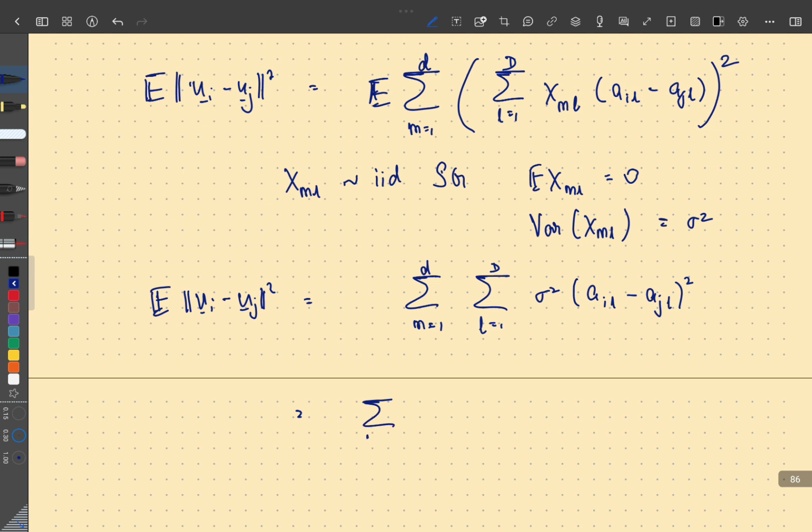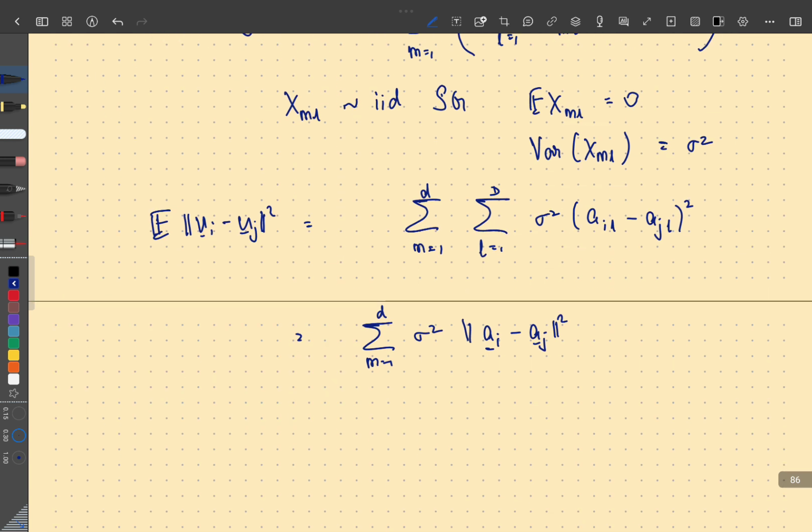So this is equal to summation m equal to 1 to little d sigma square times the L2 norm square of A_i minus A_j, which is nothing but d sigma square times the norm of A_i minus A_j the whole square.